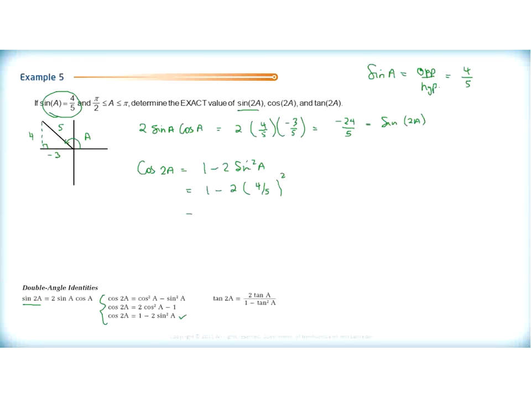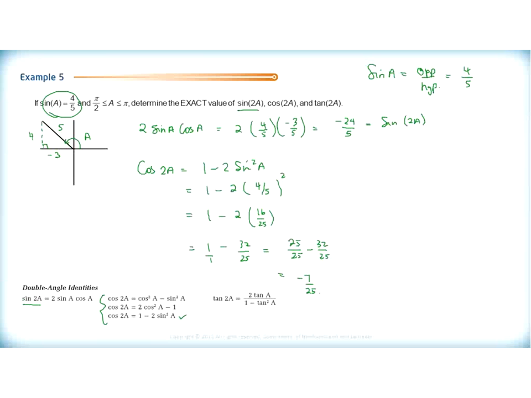So that gives me 1 subtract 2 times 16 over 25, which gives me 1 subtract 32 over 25. Put this over 1, and I get 25 over 25 subtract 32 over 25, which will give me negative 7 over 25. Cosine of 2a is negative 7 over 25.